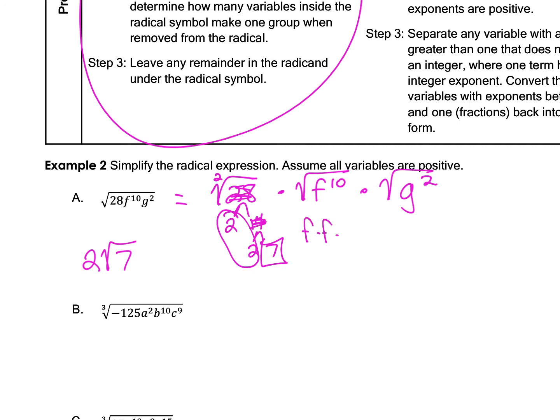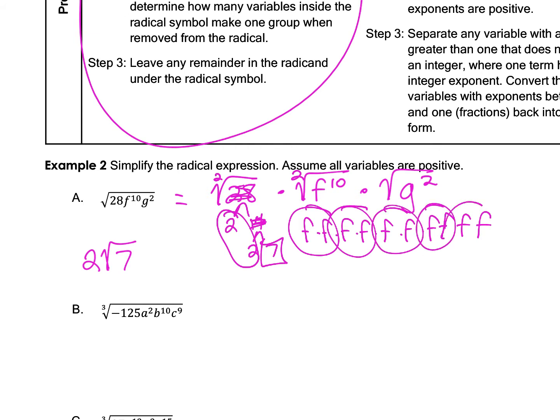So I'm going to write it out here, and then I'm going to show you an easier way of doing it. 1, 2, 3. Okay, so you group it the same way. So how many f's do you have grouped? 1, 2, 3, 4, 5. So that would be f to the 5th. There's nothing left over, so it's just perfect.